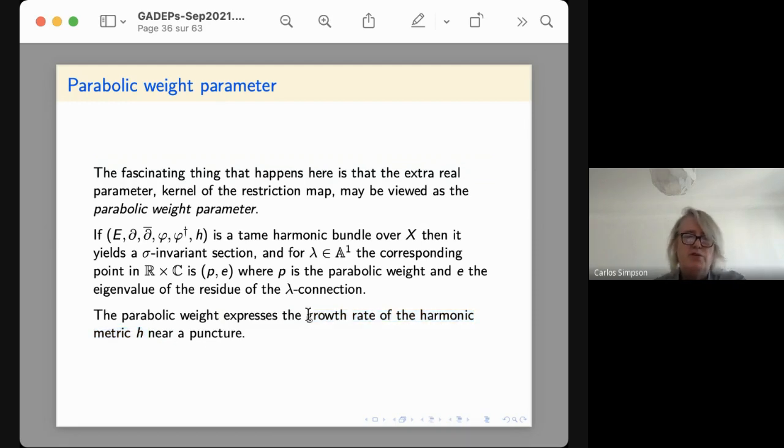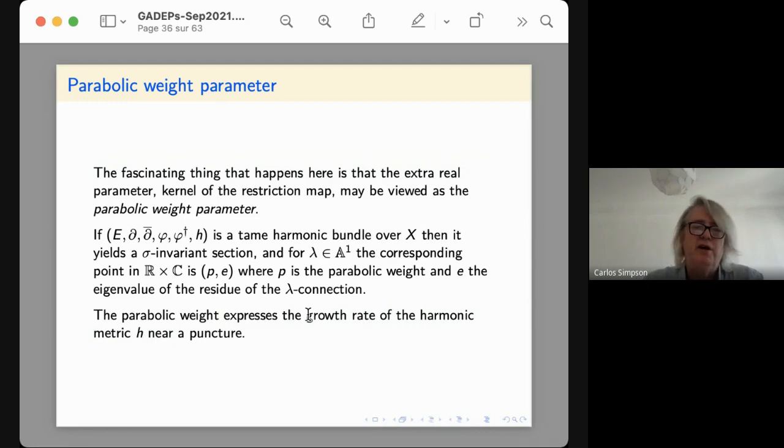Because it turns out that if you take a fixed, for example, Higgs bundle or flat bundle, and you look for harmonic metrics on an open curve, then there's a family of choices of harmonic metrics having different growth rates. One can just write this down. I mean, it's an exercise to write down the solutions of the equation for a rank 1 Higgs bundle, you might say, or a flat bundle.